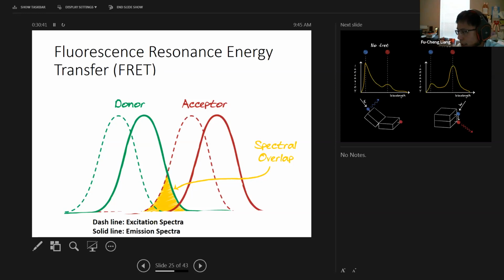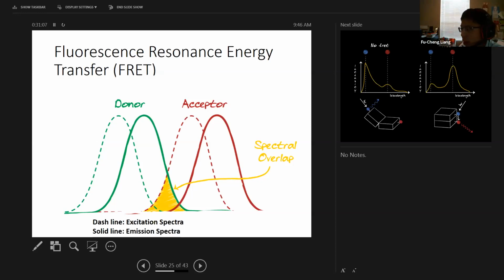And let's say donor dye and acceptor dye are in close distance, and also their spectra are highly overlapped. You can see the donor emission spectrum is highly overlapped with the acceptor excitation spectrum. This means they are able to use the donor emission energy to directly transfer into the acceptor excitation energy, and therefore your acceptor is able to emit the fluorescence.